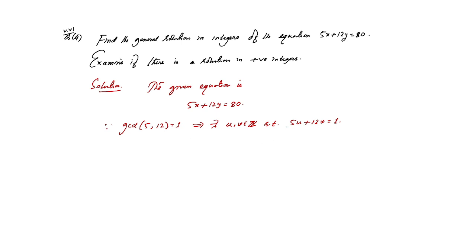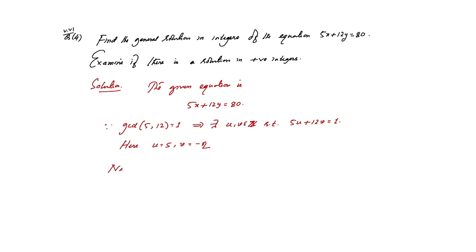Here we put u equal to 5 and v equal to minus 2. Then 5 into 5, that is 25, minus 24 gives 1. So u is 5 and v is minus 2.